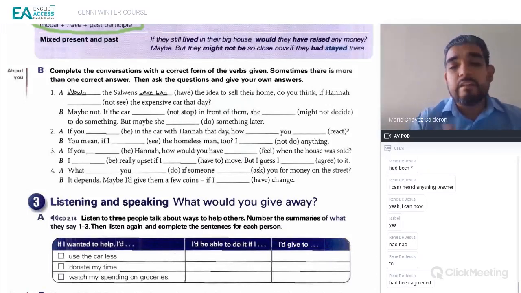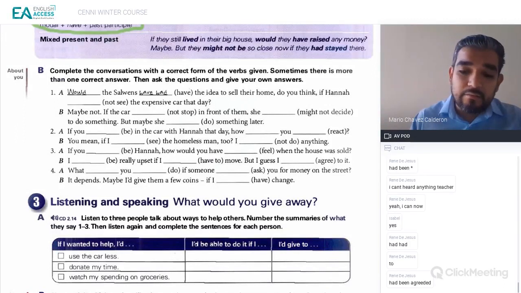If. So the next clause goes with the modal verb. So in this case, we need to use the modal verb.